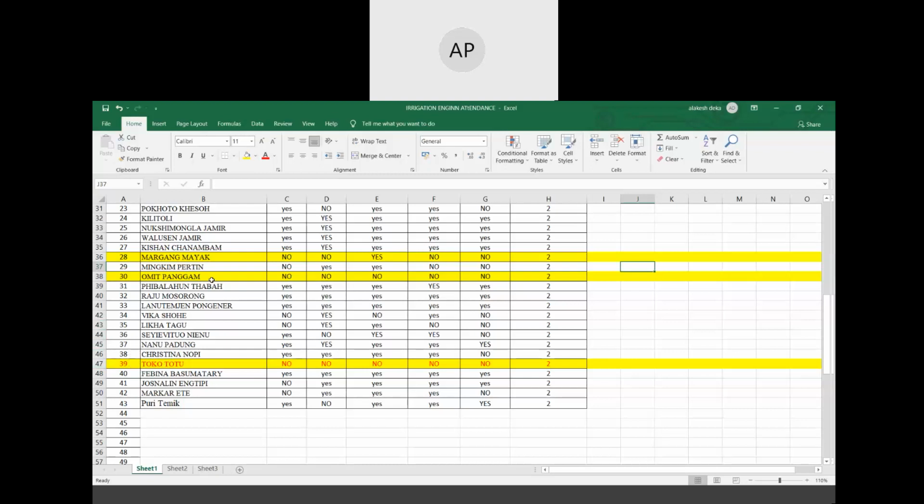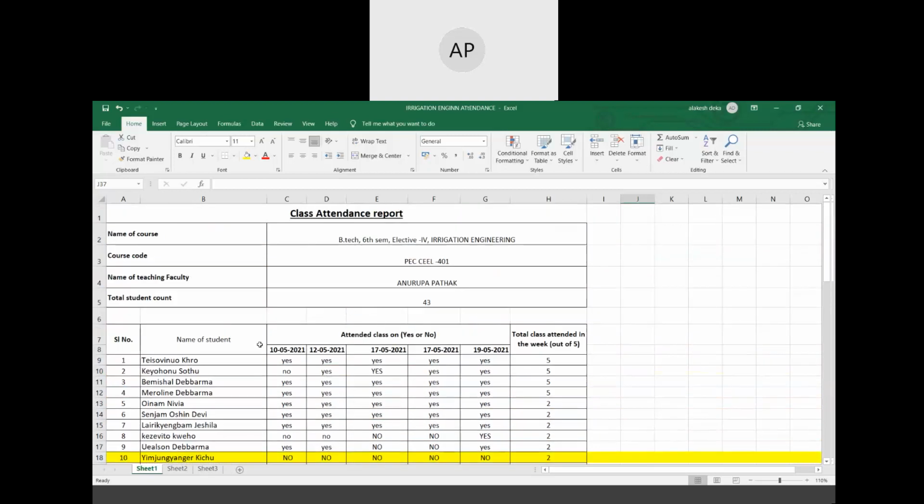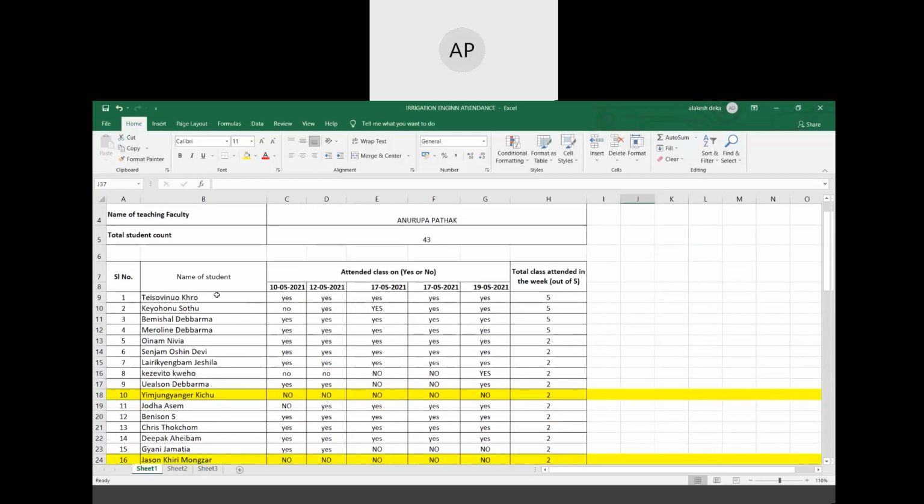Toko Totu, Omit Pangang, Margak Mayak, done one class only. And others, they have done 60% of my class, up to 70. Marilyn, these are regular. This one, you also have not done lots of my classes.